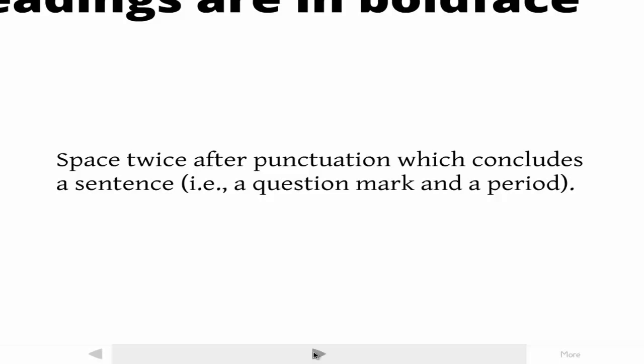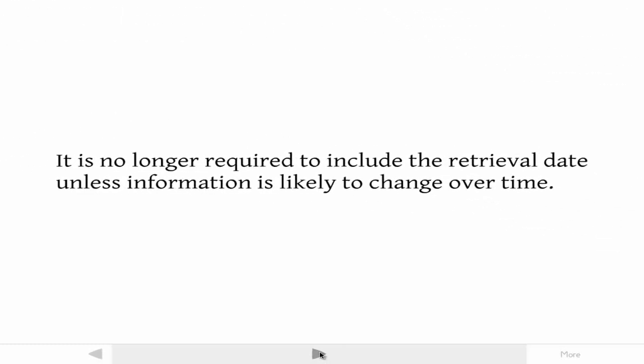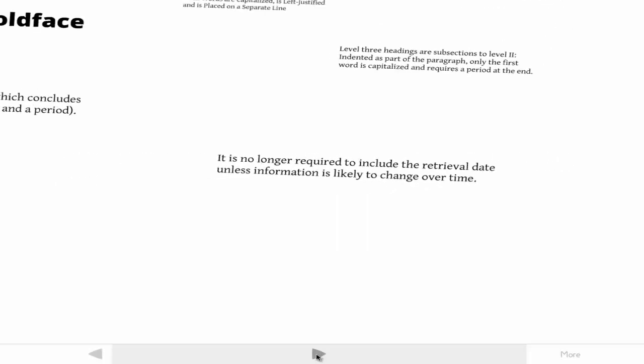So after a question mark or a period that concludes a sentence, 2 spaces are required. Leaving a retrieval date is now optional. If you think that the link could change over time, then you are encouraged to include the date.